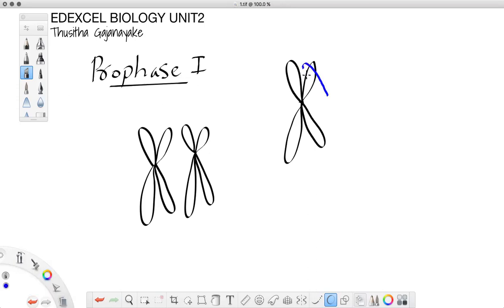Here you can see it's overlapped. Now at this point, they are overlapped.